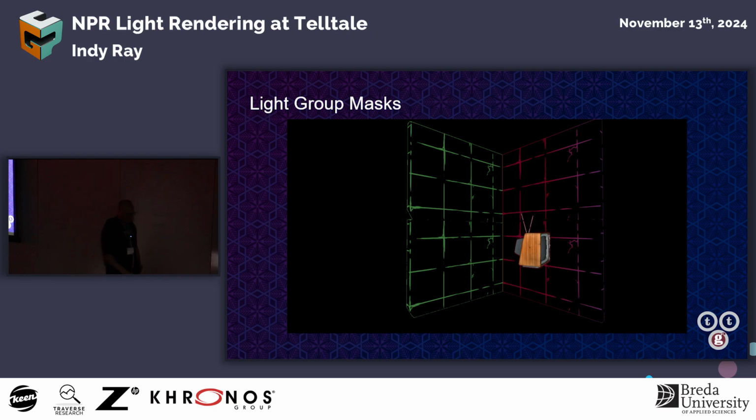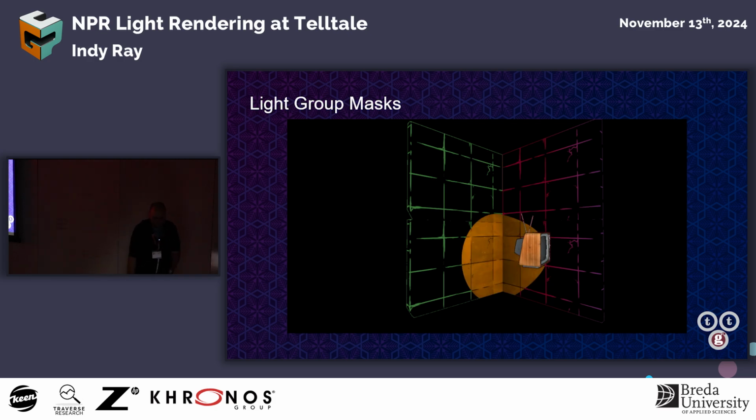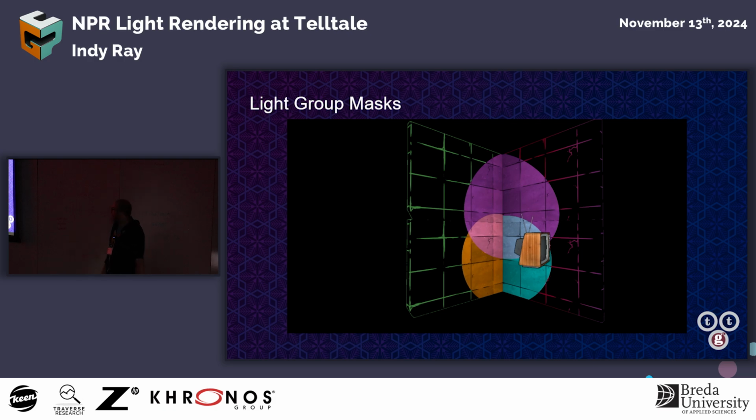If the artist wants to apply some lights to it, you can have an orange light, and assign that specifically only to one wall. You can do that with another light, apply that to the other wall, and if you want an additional light that applies to both walls, you can do that, and that works properly. And this obviously works well with our light priority system as well.